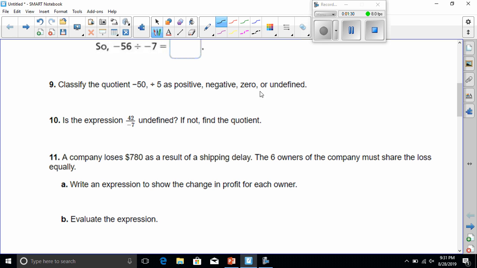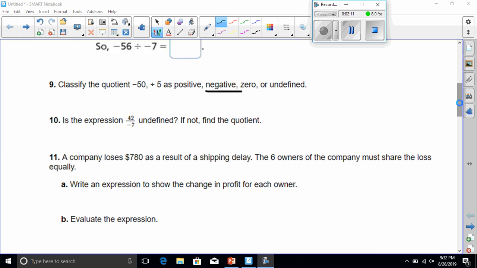Well, I'm trying to figure out why they have this comma here, but I believe that's just saying in the sentence, negative 50 divided by 5. Well, 50 divided by 5 is going to be 10, no doubt, but what they're asking is, will it be positive, negative, or 0? And I have to say that a negative number divided by a positive number is going to always equal a negative number, okay? Because it will take negative 10 times 5 to equal negative 50.